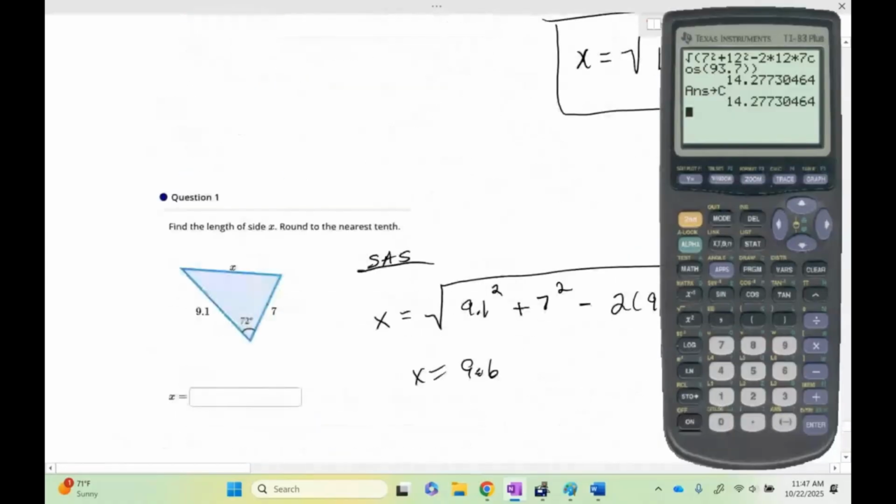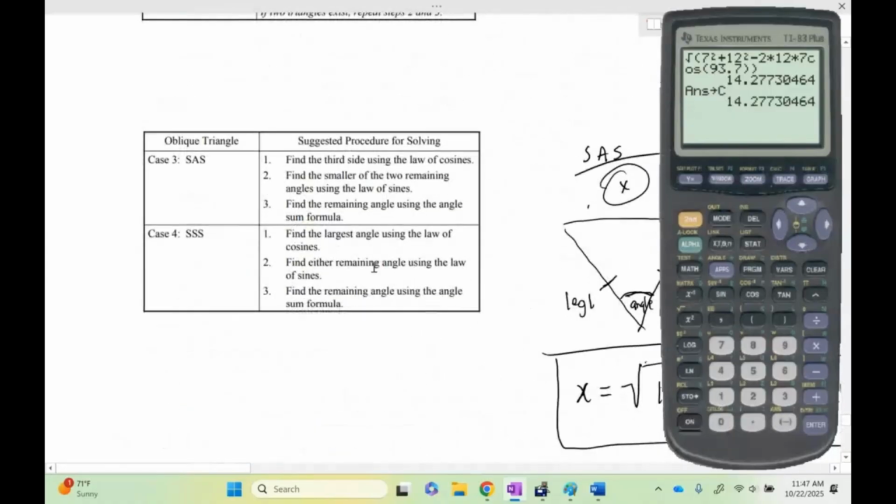The next thing we should do is find the smaller of the two remaining angles using the law of sines. And this is sometimes where you can go wrong.